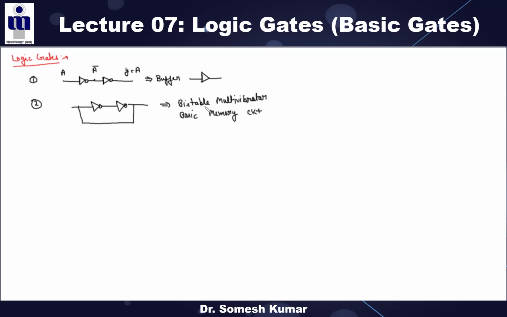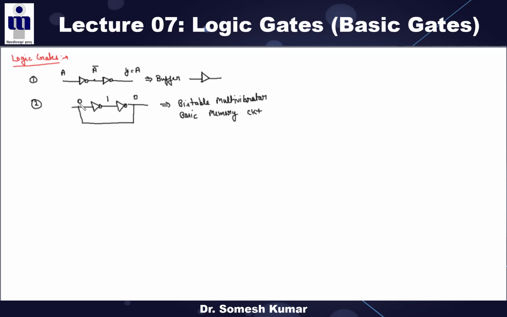Here, if 0 is the input, this is 1, this is 0, and again this 0 is fed back to this, and again 1 and 0, right? So by this circuit there are two stable states. That's why it is called the bistable multivibrator.